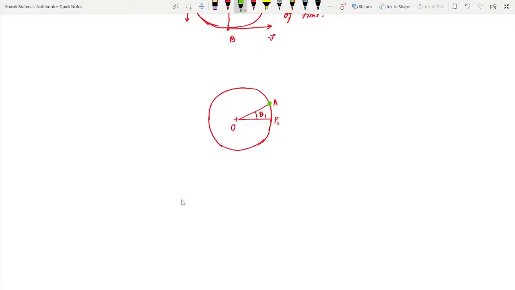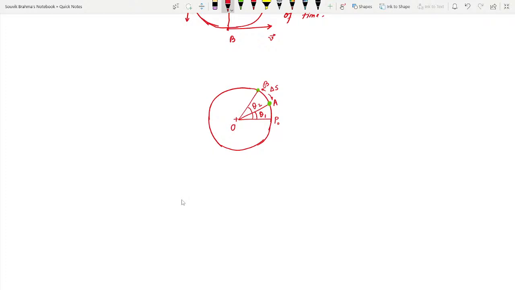If the same point travels across this path and reaches here, and I name it point B, and I join O and B, it will make an angle theta 2 with OP naught. Now what I should get is the displacement from A to B, and that should be delta S.